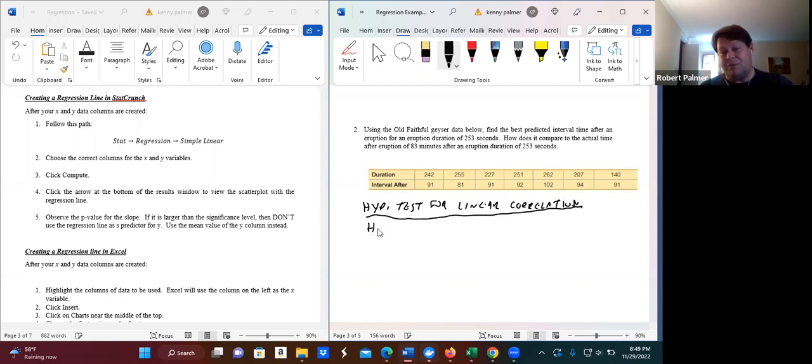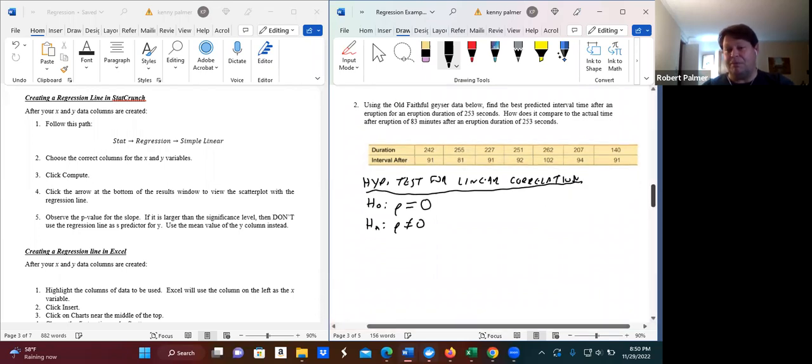From the previous video, your null hypothesis is that rho, the population correlation coefficient, is equal to 0, meaning there's no correlation. The H1 or HA is that it's not equal to 0, meaning there's enough evidence to say there is a correlation. We didn't give an alpha value, so let's choose alpha equals 0.05.